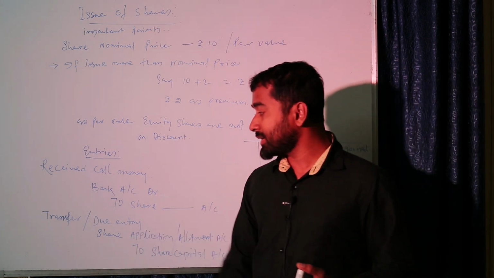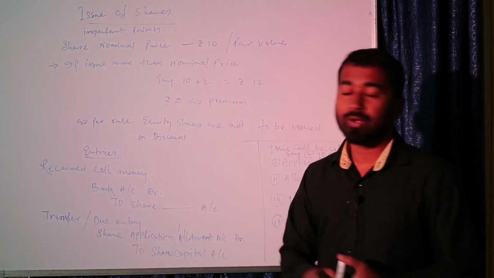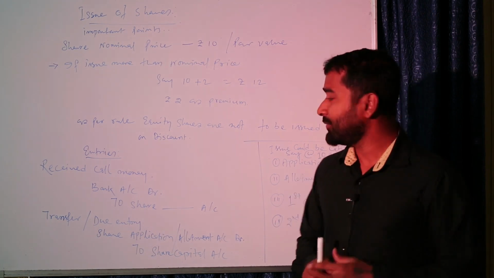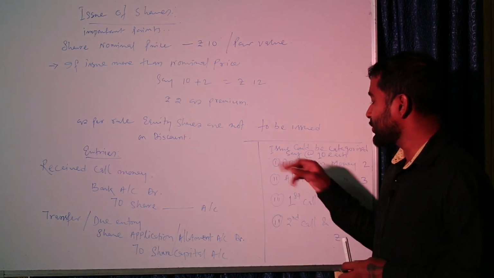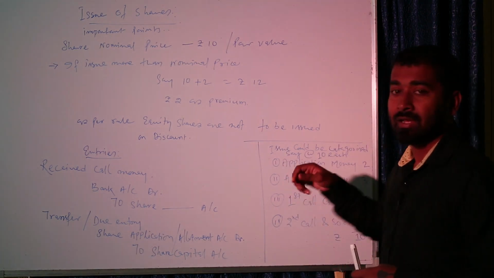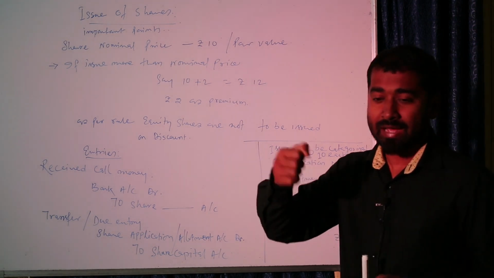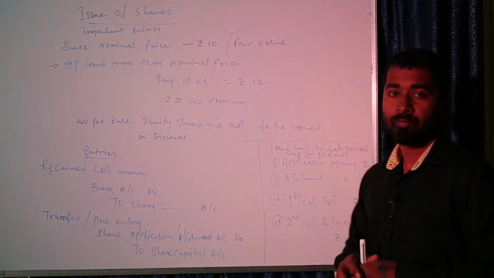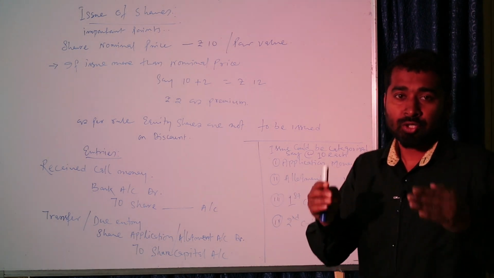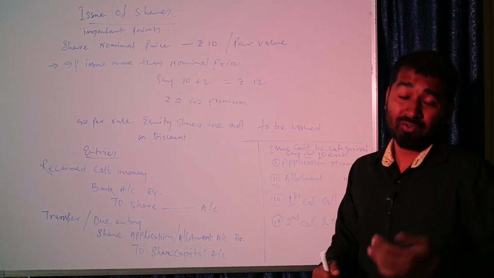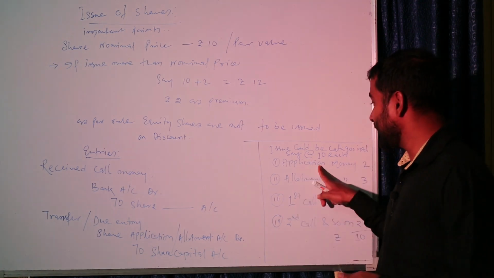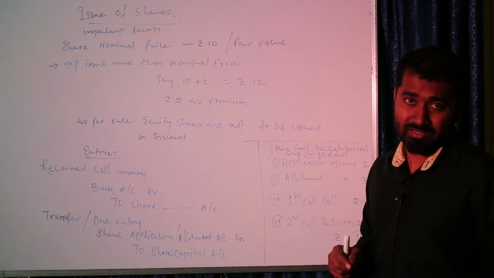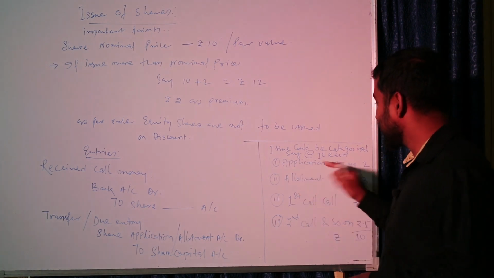Next, another common entry is the transfer or due entry. Why have I written the transfer or due entry? When you first issue the shares, the subscriber directly comes to you and pays the money, which is nothing but the application money. If any person shows interest in purchasing your shares, that person first pays the money and gives the application for how many shares; it is known as the application money.